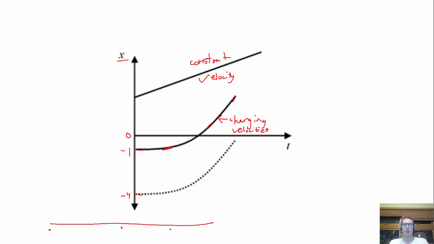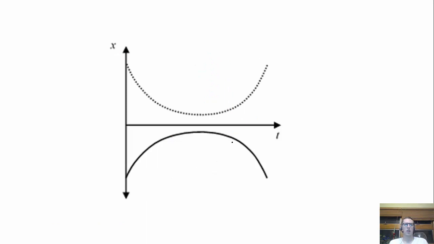But they would increase their velocities at the same time. And then we get this nice, interesting graph here. I've got 2 different things going on. But let's see if we can decipher them.